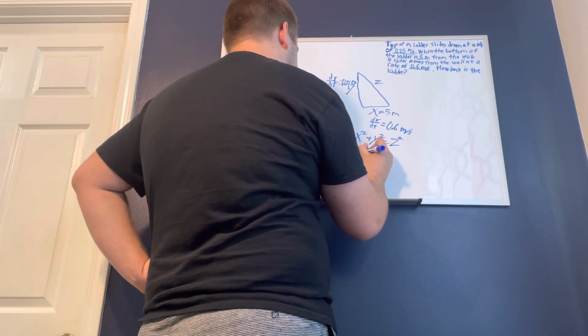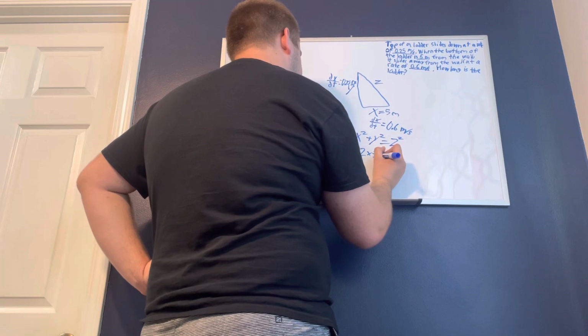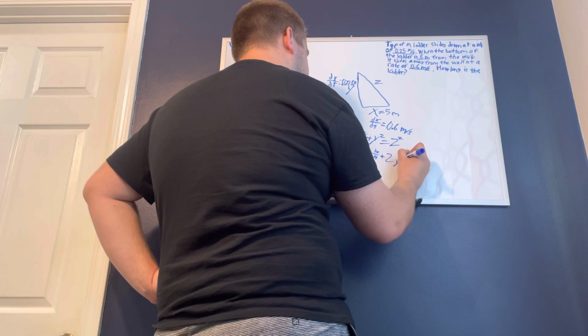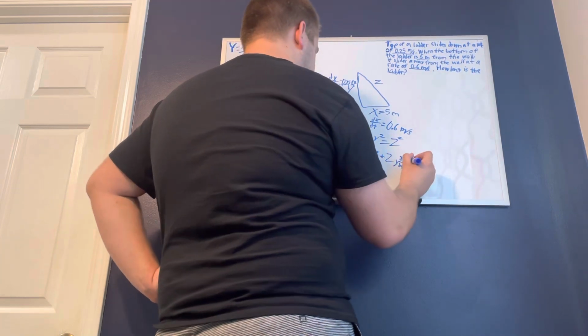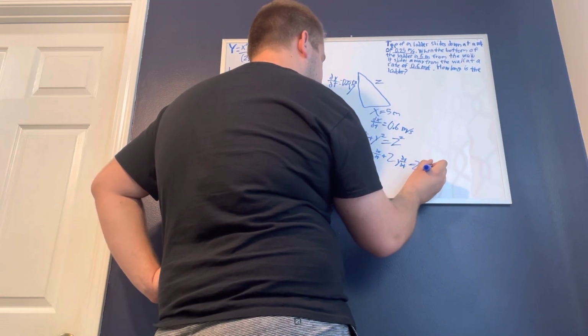Once we do that, we get 2x times the derivative of x with respect to t, plus 2y times the derivative of y, equals 2z times the derivative of z.